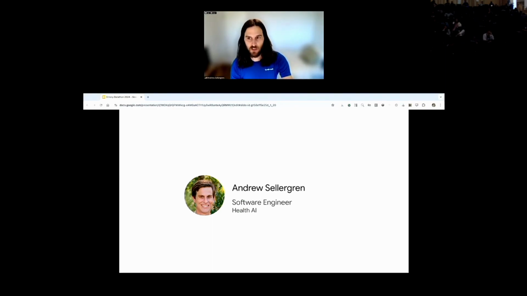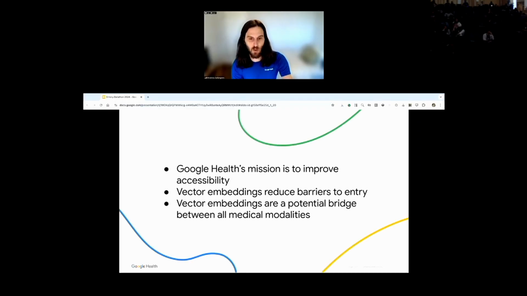So let me start with my 3 takeaways that will hopefully come across in the talk. First, Google Health's mission is to improve accessibility. There are many different facets of this, but first and foremost, we want it to be accessible to everyone. People's health information should be in their own hands, and they should be empowered with it, and they should understand it.